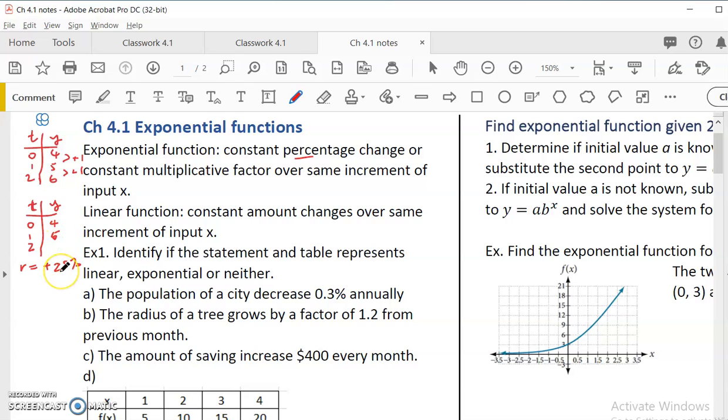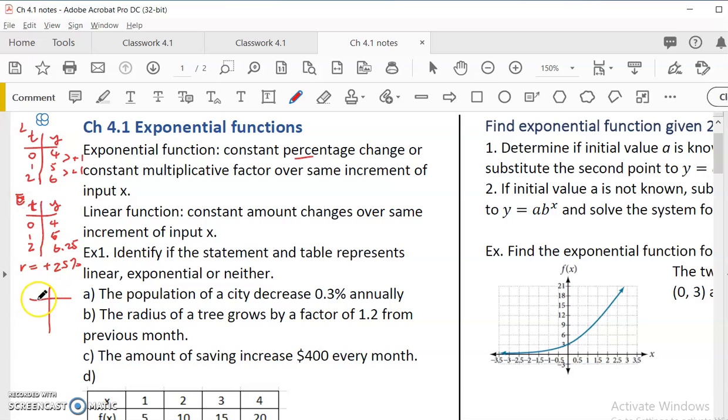So what is 25% of 5? 5 times 0.25 is 1.25, so you would have 6.25. It's at 25%, so it's a constant percentage change. It's adding to it. So this one is exponential. This is linear. This is exponential.